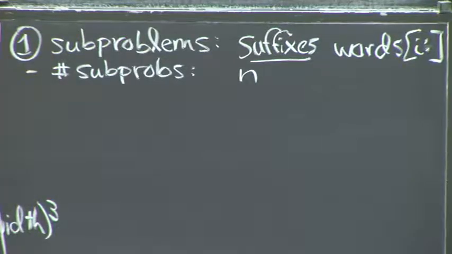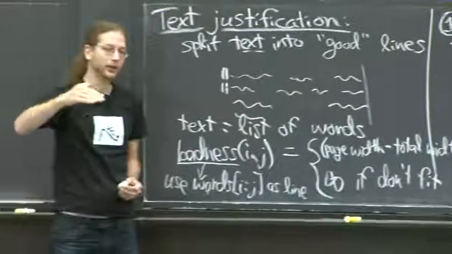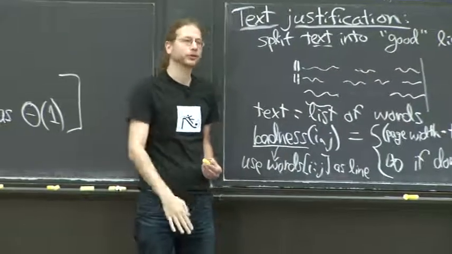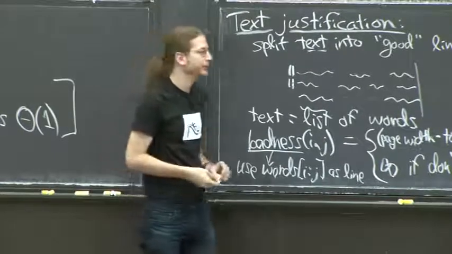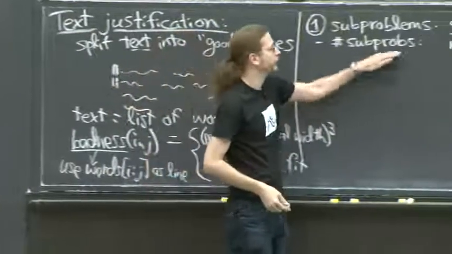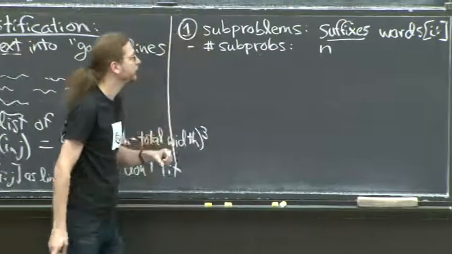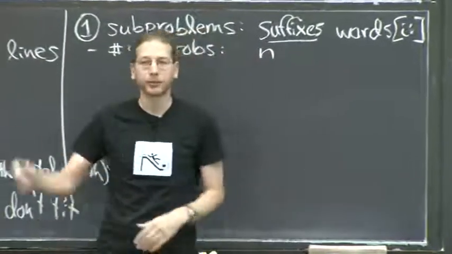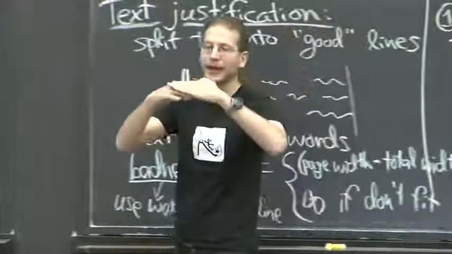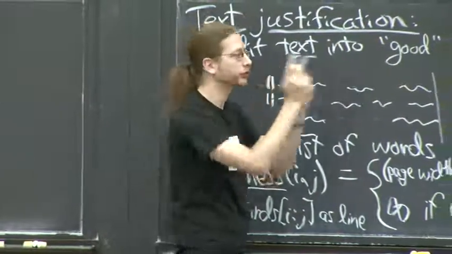We're only remembering one line. This is the key. Even though we may have already guessed several lines, we're just going to remember, well, OK, this is what we have left to do. So let's forget about the past. This is what makes dynamic programming efficient. And I'm just going to solve these subproblems, forgetting about the past. So the subproblem is, if I give you these words, never mind the other words, how do I pack them optimally into a paragraph? I don't care about the other words, just these words.